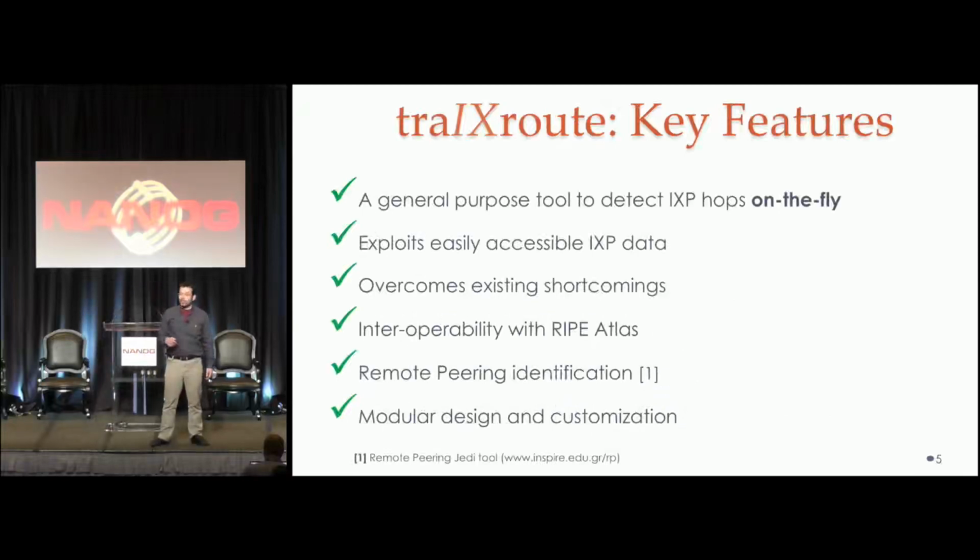What are the key features of traIXroute? traIXroute is a general purpose tool with which we can detect the crossing links on the fly. This means that we don't need a bunch of traceroute paths in order to infer this crossing with high confidence, but only one traceroute path to get this result.